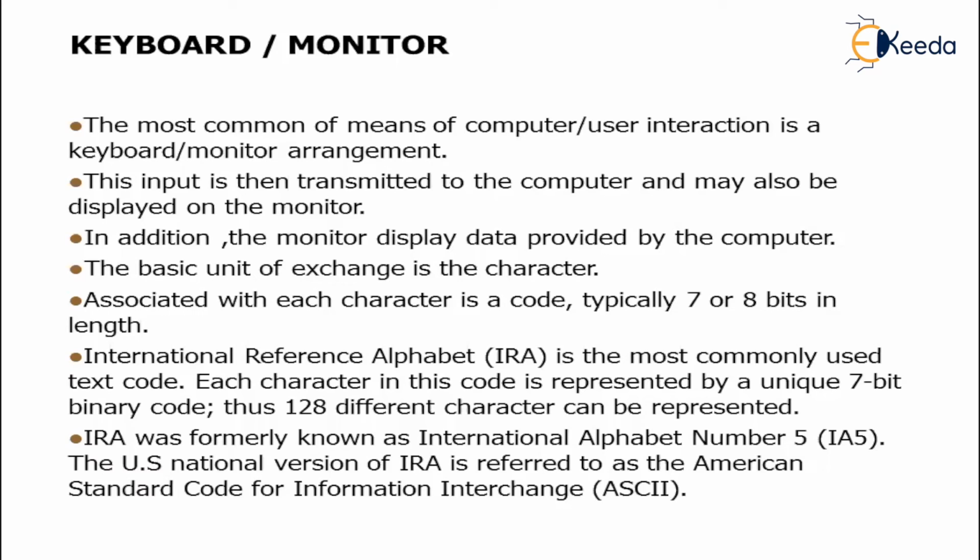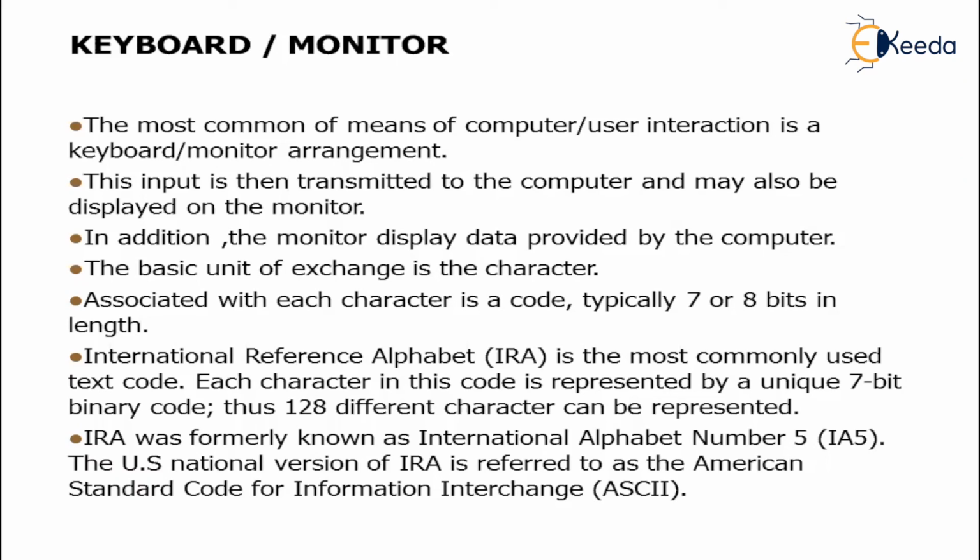Now, International Reference Alphabet is considered the most commonly used text code. Each character in this code is represented by a unique 7-bit binary code. Thus, 128 different characters can be represented. Now, you should remember that International Reference Alphabet can represent a maximum of 128 different characters.